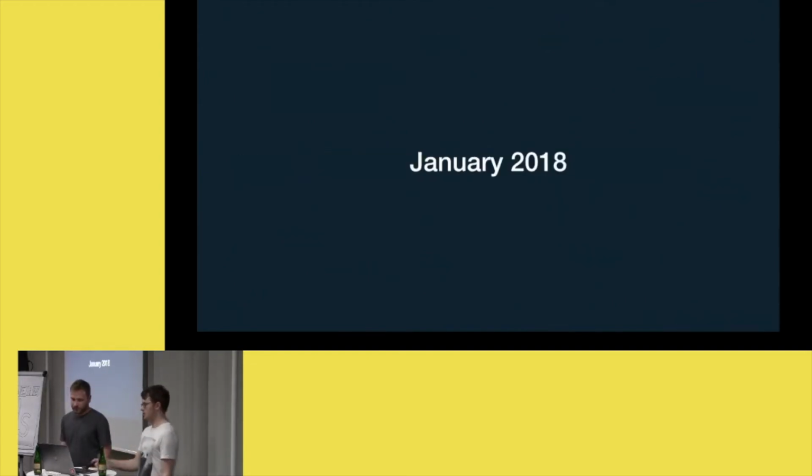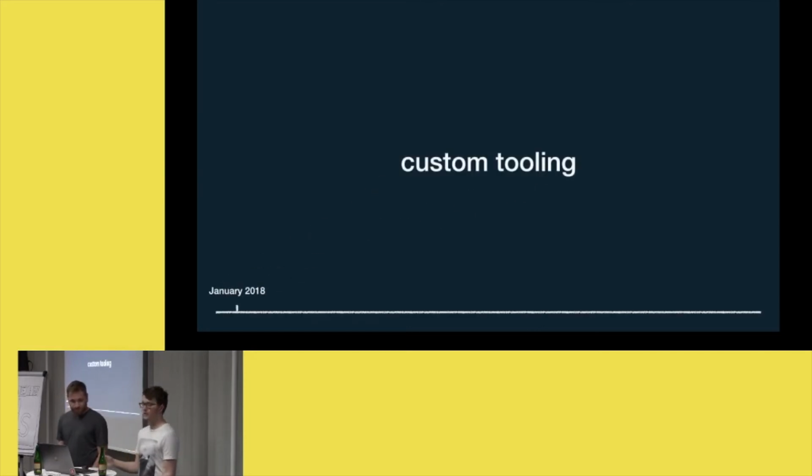And our journey started in January 2018 to actually get to the output that meets the criteria for the Angular package format. At first we had custom tooling, which was, of course, more code written by us, so more bugs, more stuff to maintain ourselves, and it was kind of tedious.